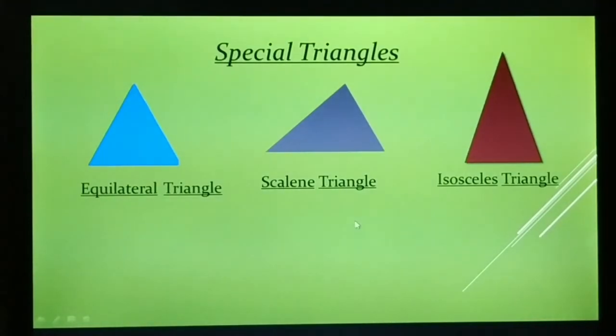Another type of triangle we have is this. Now this kind of triangle has one angle equal to 90 degrees.